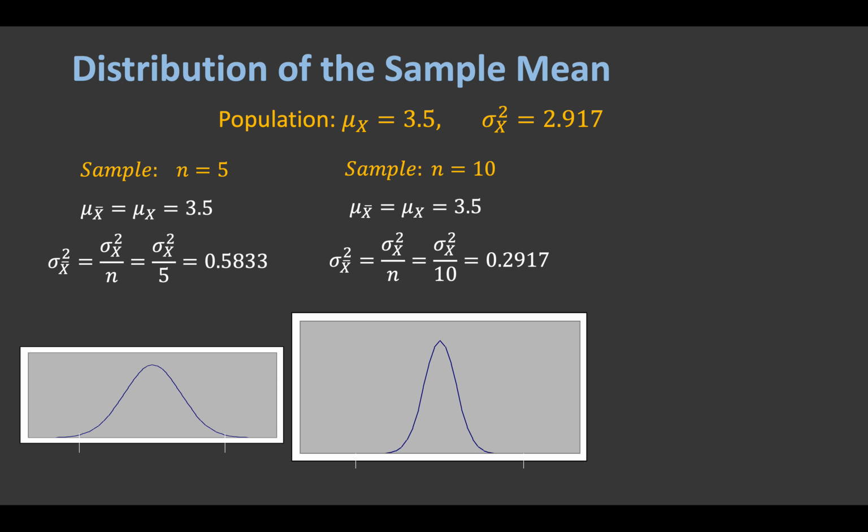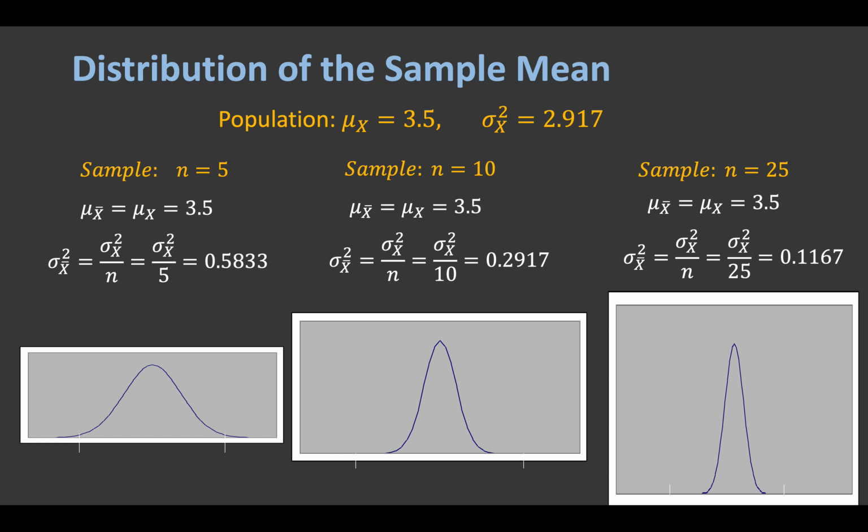The shape of the normal distribution becomes narrower. And same thing, if we keep increasing n, mu still doesn't change, but the variance becomes even smaller, only 0.12 something, and then we get an even narrower normal distribution.